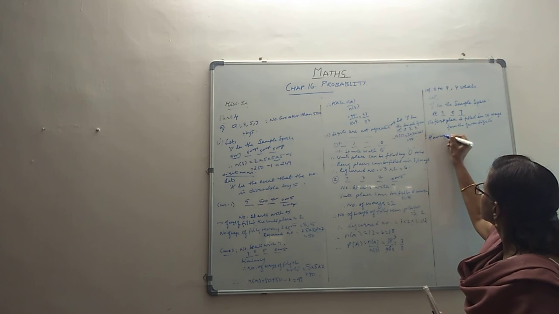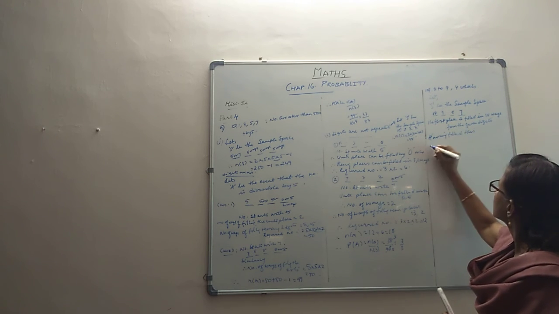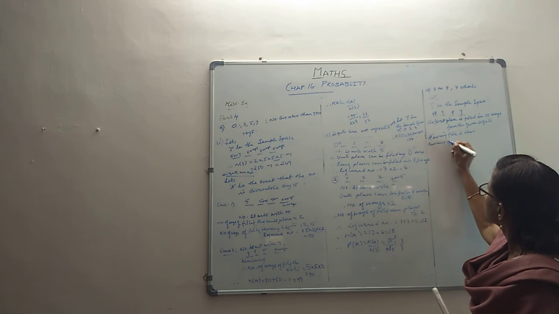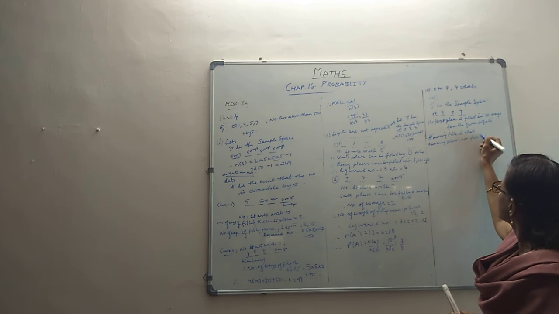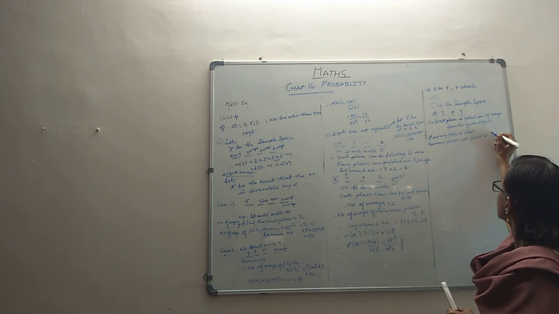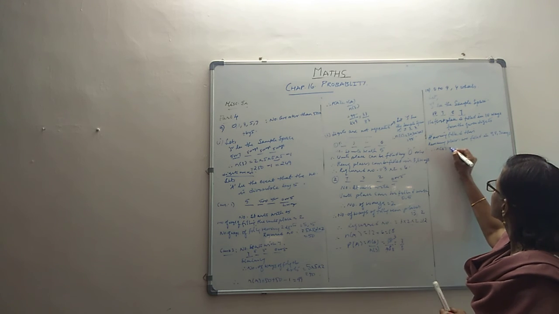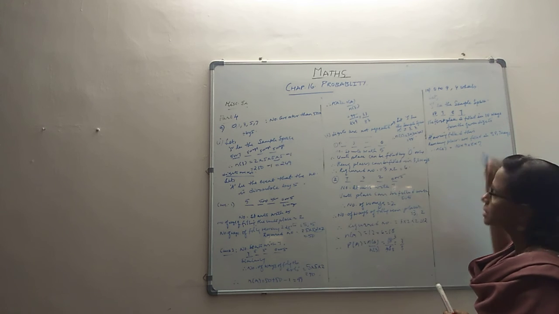Having filled this, the remaining places are filled in 9, 8, 7 ways. Therefore n of S is 10 into 9 into 8 into 7.